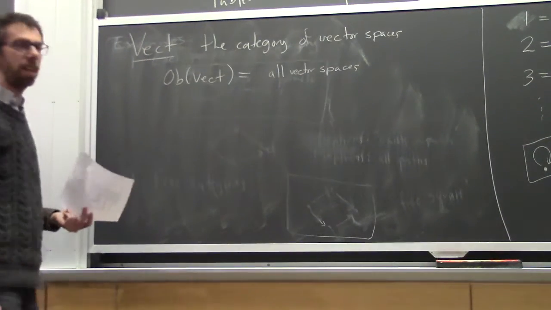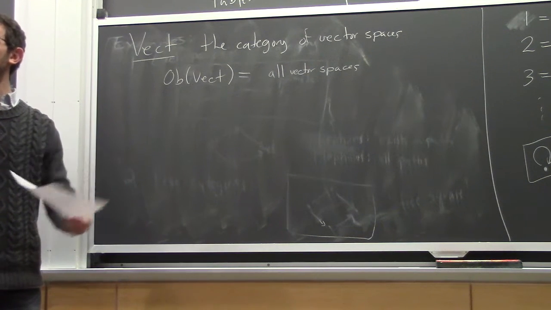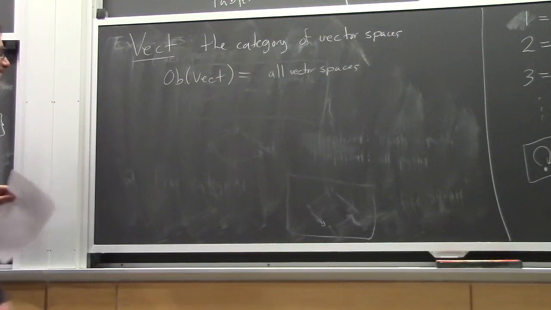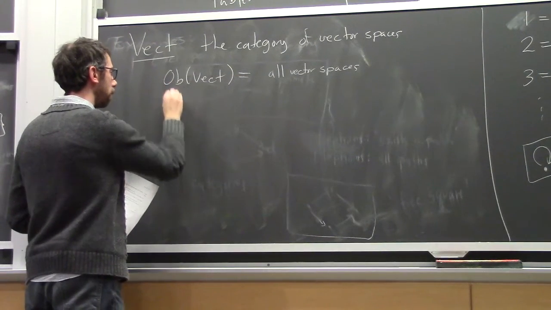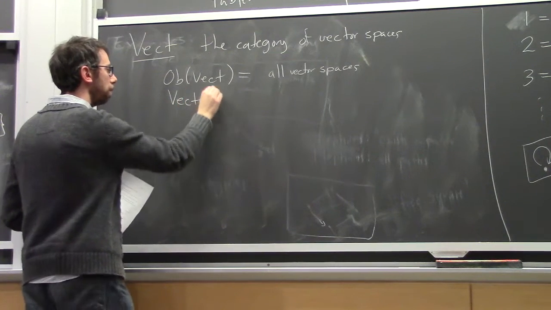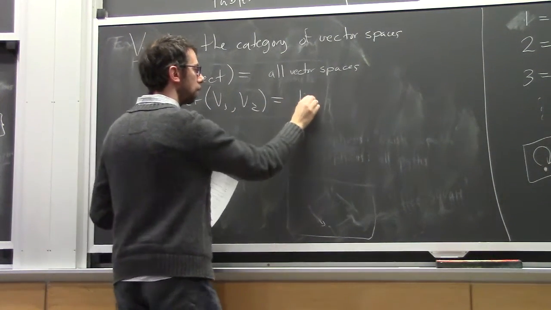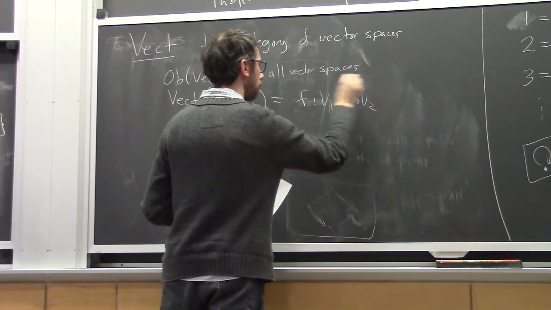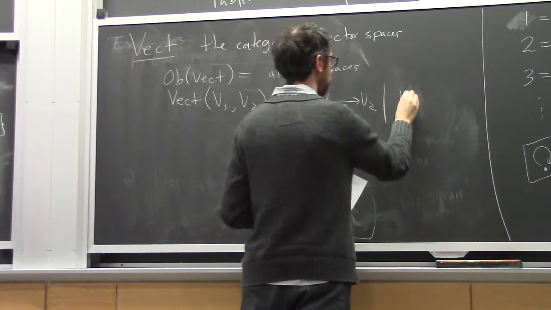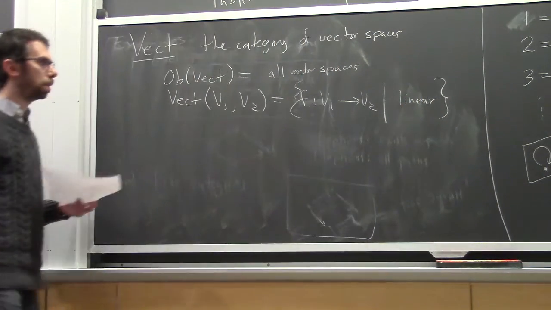It's not a category anyone studied before. So if you want some new research, you can cast. Objects of Vect are all vector spaces. What are the vector space maps from V1 to V2? It's the linear transformations F that are linear, that preserve sums and preserve scalar multiplication.